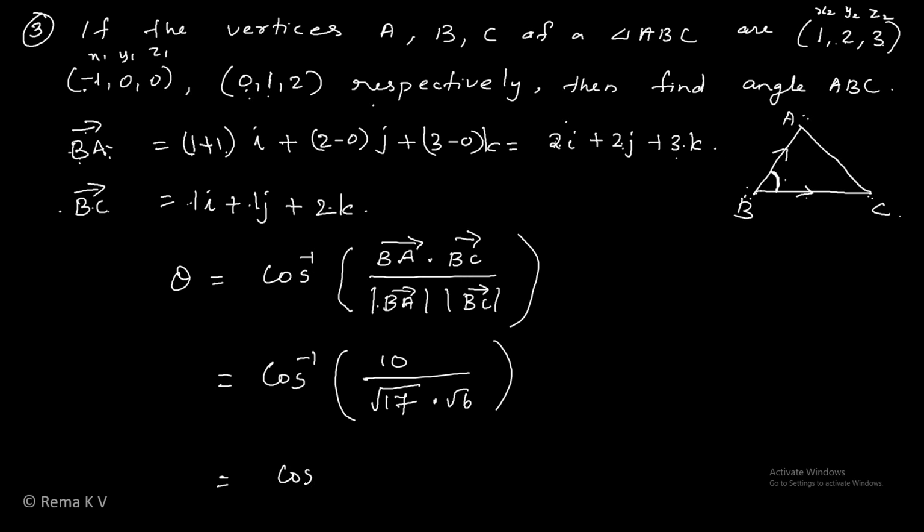So this is equal to cos inverse 10 divided by root of 102. This is the angle between BA and BC, which is angle ABC. So angle ABC is equal to cos inverse 10 by root of 102.